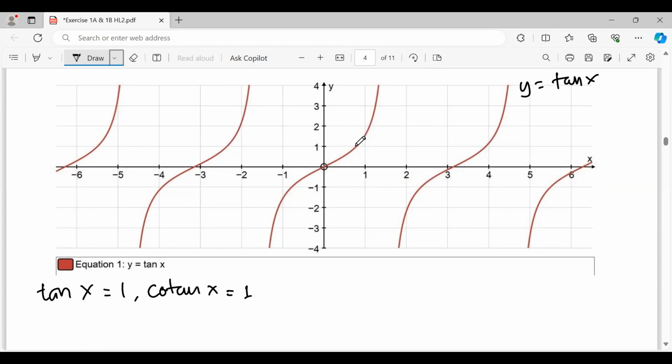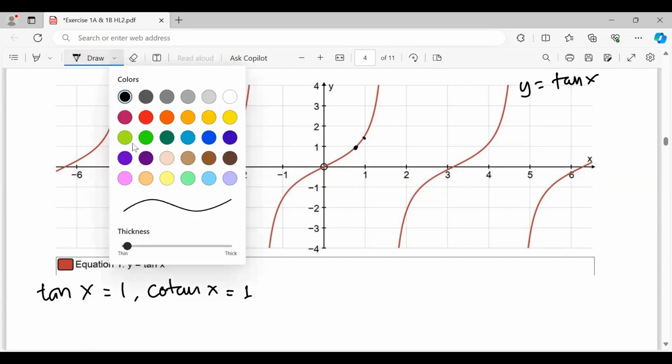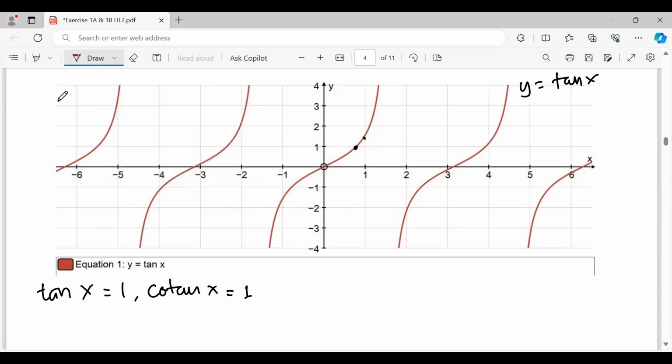If tangent x equals 1 here, I'm going to use a different color. If tangent x equals 1, cotangent x as well equals 1.